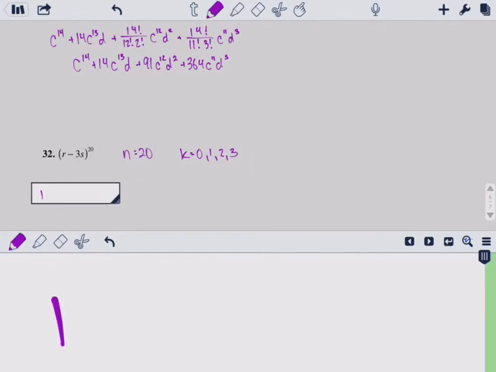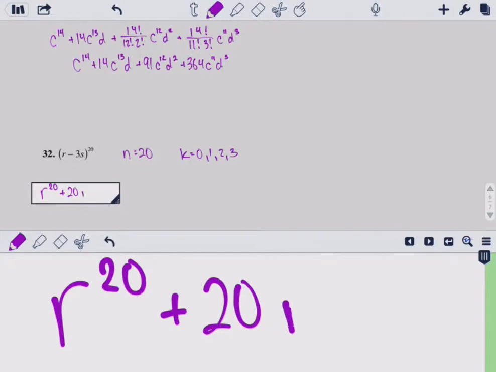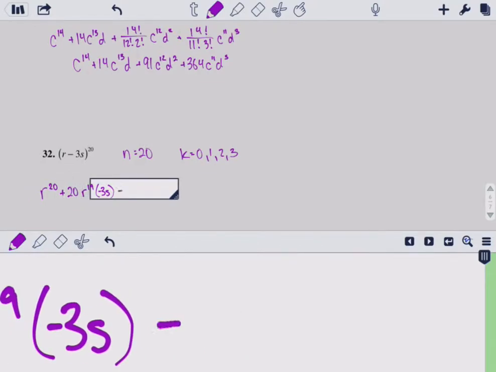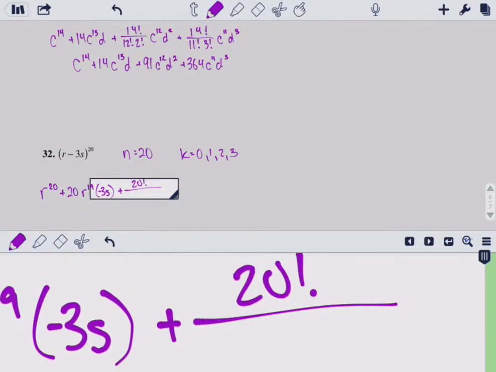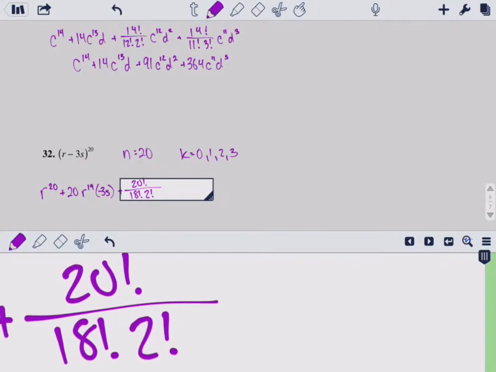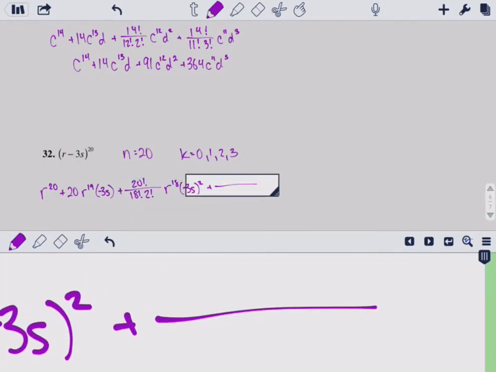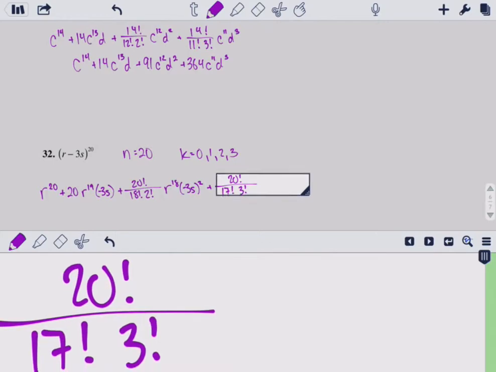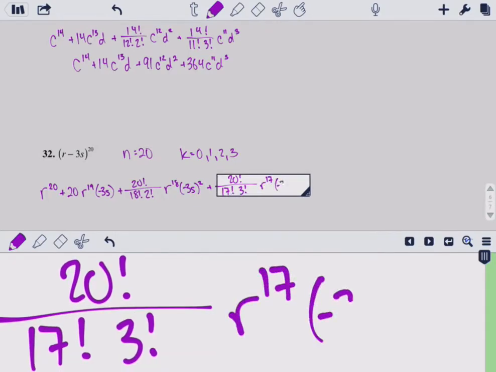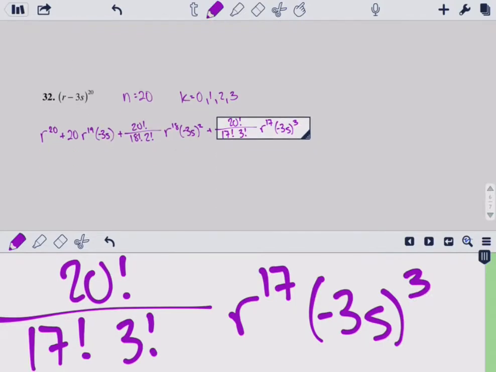A little bit more complicated, but it's r to the 20th plus 20 r to the 19th negative 3s plus 20 factorial over 18 factorial, 2 factorial times r to the 18th negative 3s squared plus 20 factorial over 17 factorial, 3 factorial, r to the 17th negative 3s cubed. I'm simplifying that.